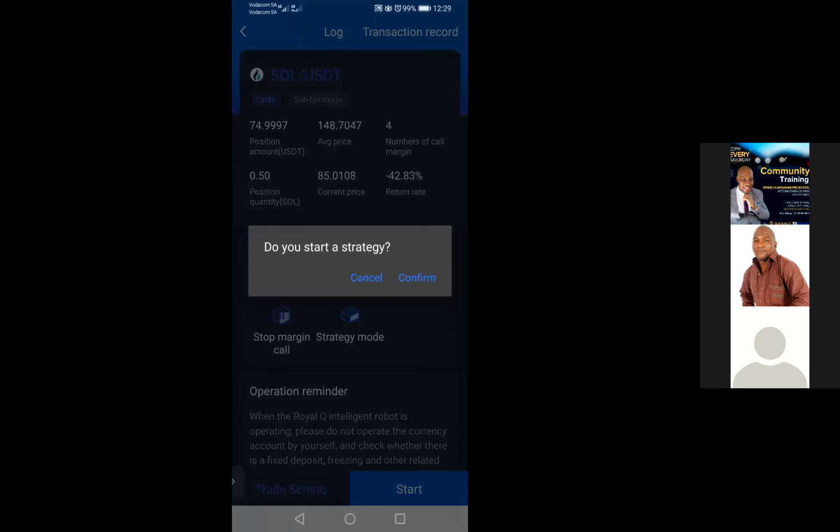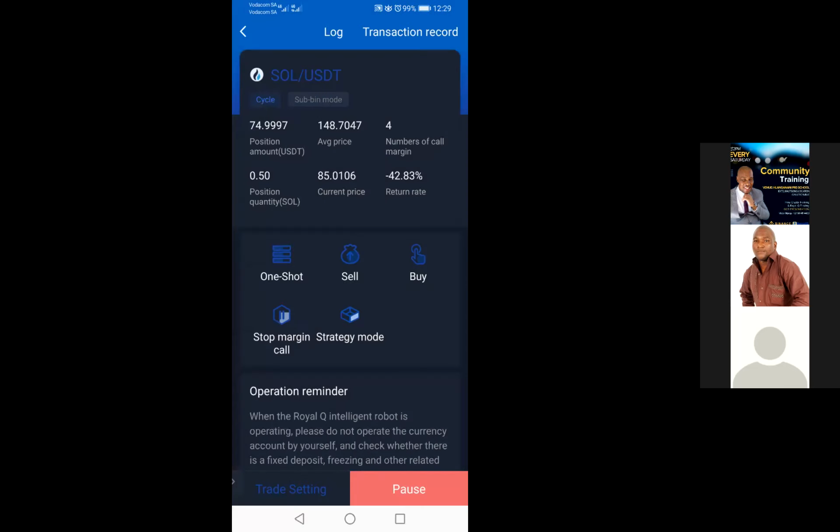Okay. So I confirm. You can confirm, yes. That's beautiful. Now, we are okay. And it's beautiful that the market has really gone down. The bot will start trading nicely when the price is where it is. Markets move up and down.